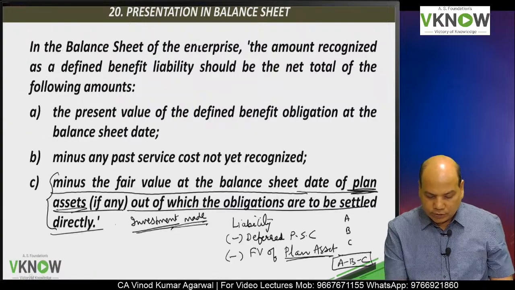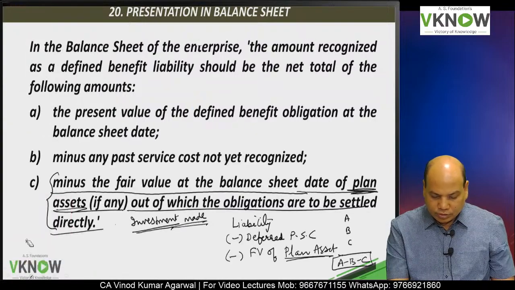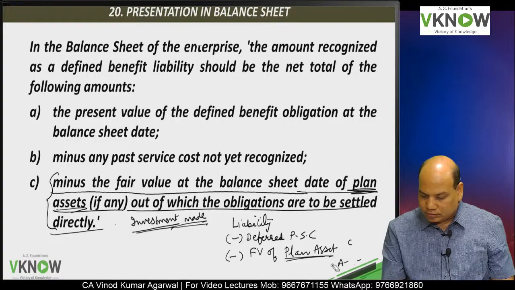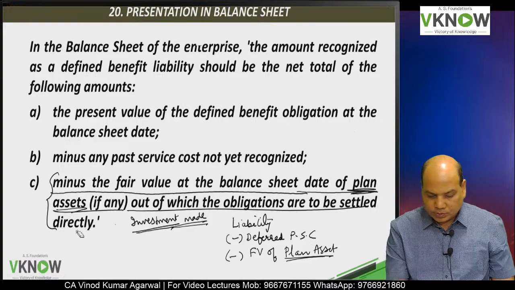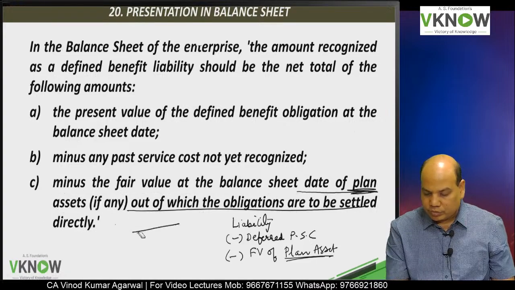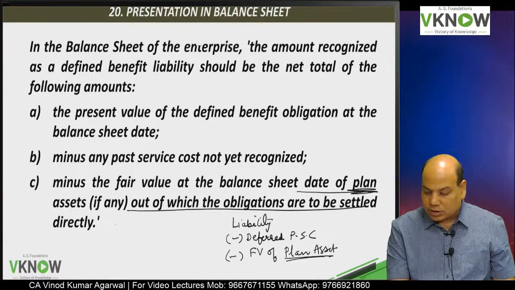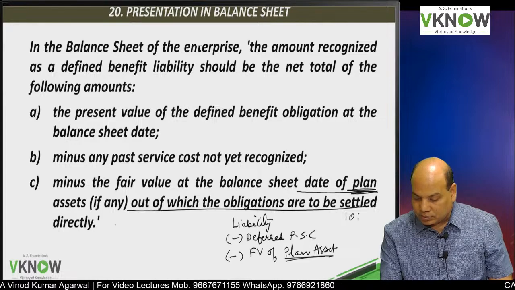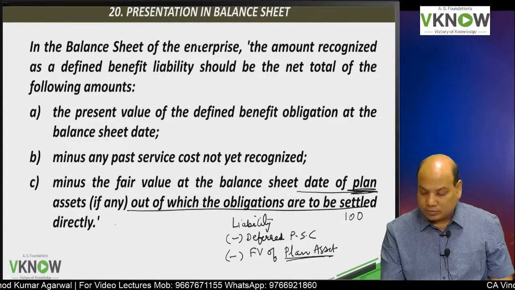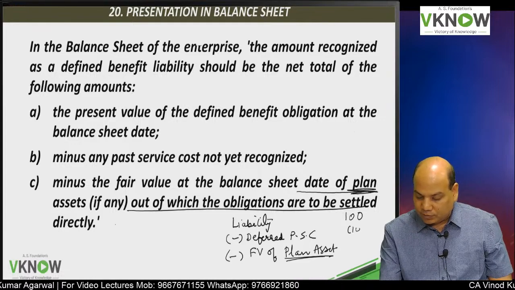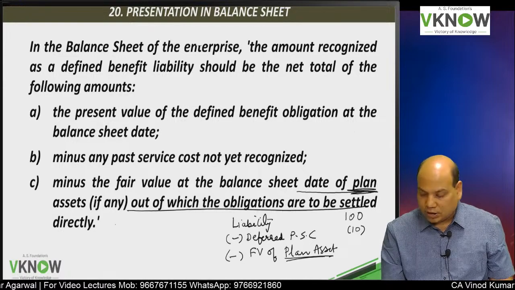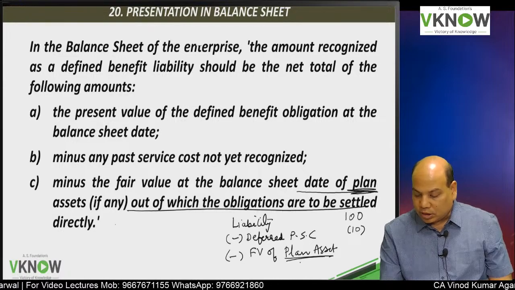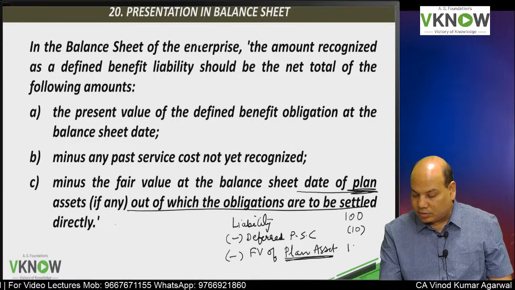Okay, now see the formula again. There is a problem with this formula. What is the problem? Let us see. The answer can be negative sometime. For example, liability is 100, deferred past service cost is 10, and you have made investment which is equal to 120.